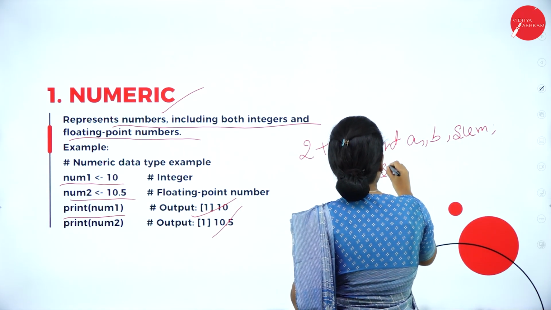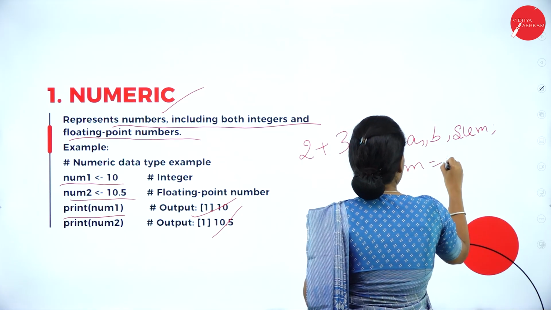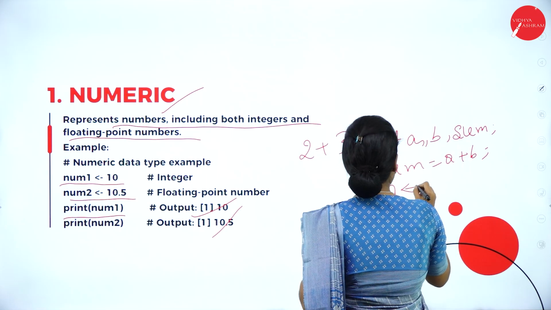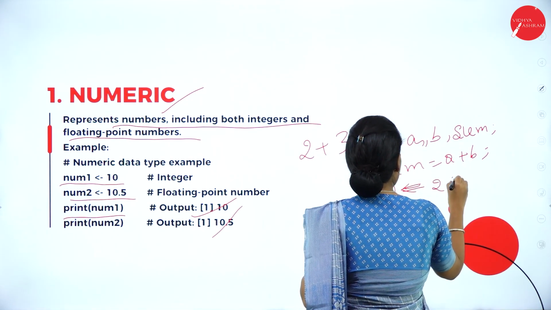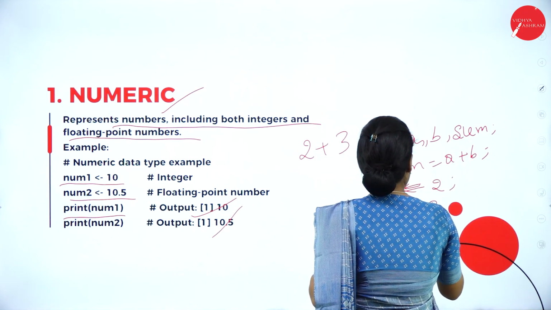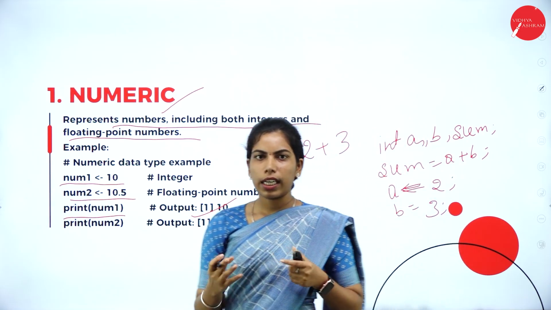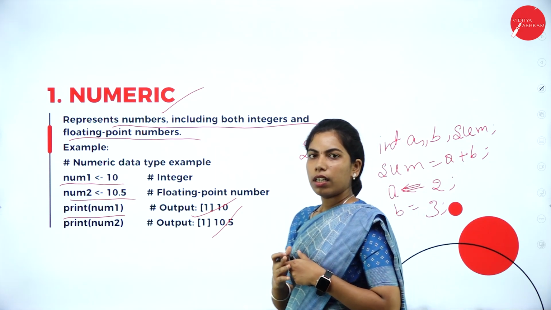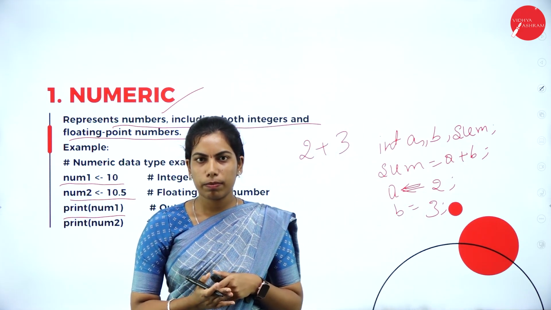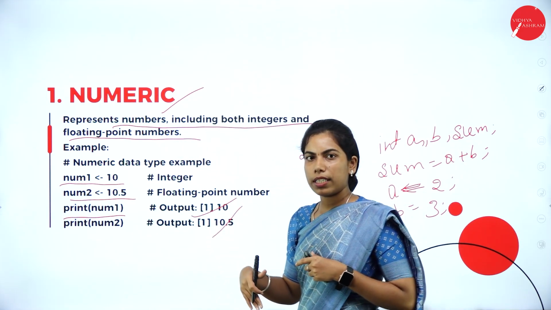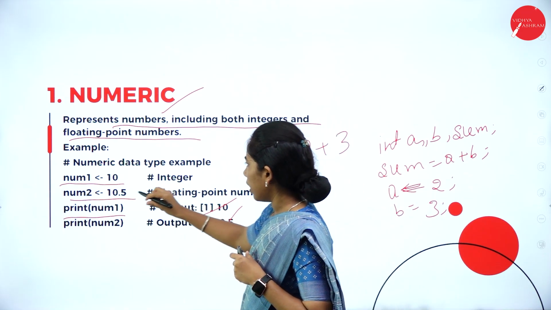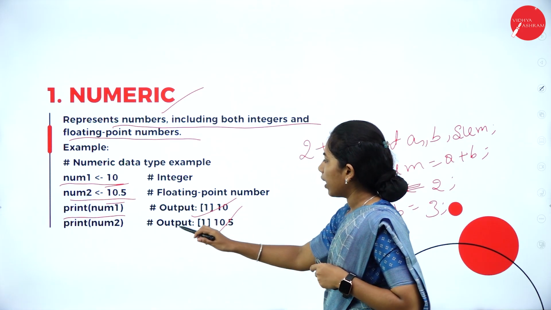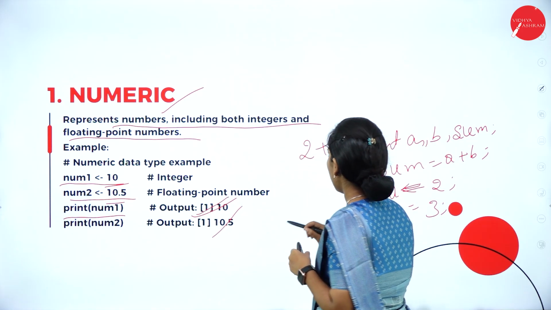And also sum is equal to a plus b, and I have to put a is equal to 2, b is equal to 3. That is how we have to declare in other programming languages, right? But here in R, we didn't mention any data type explicitly because it reads it implicitly by itself. So here you can see num1 is 10, num2 is 10.5. So directly the output will be 10 and 10.5.